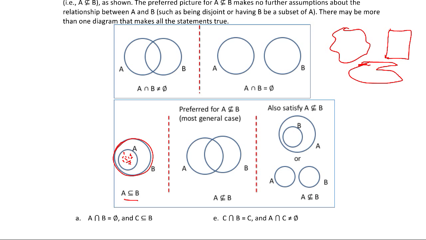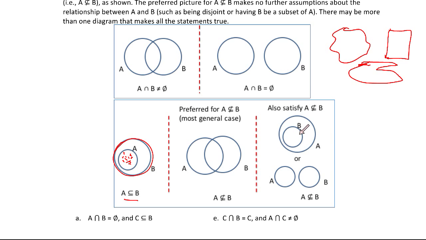If it tells you that one set is not a subset of the other, the most general case is to just draw them as two general sets and to not also impose some other relationship. Now, both of these pictures over here also satisfy A not being a subset of B, but they also satisfy some additional condition.